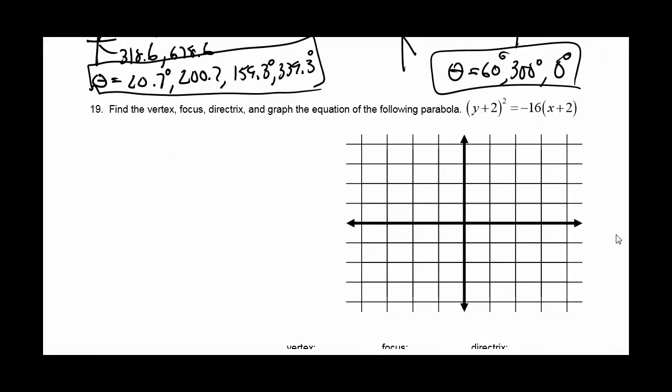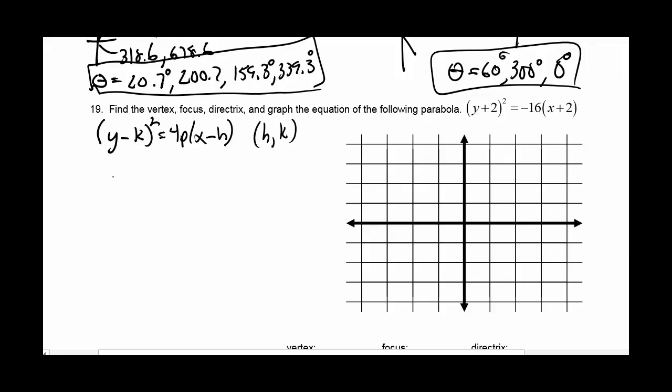All right, at number 19, especially with parabolas, the trick here is to write out the general form and then make it look like that so we can identify our proper components. Let's see, it's y minus k squared equals 4p times x minus h, where h and k are the vertex. Okay.